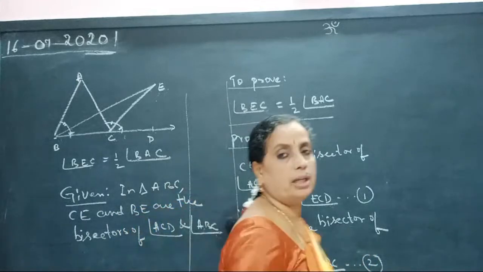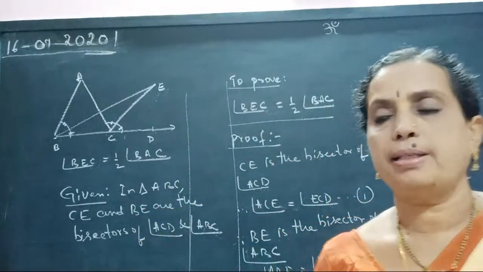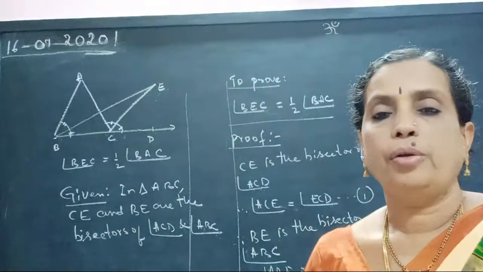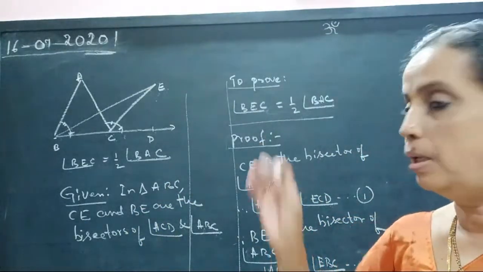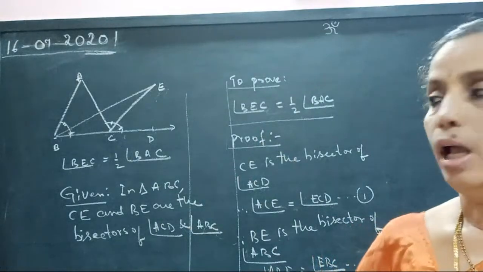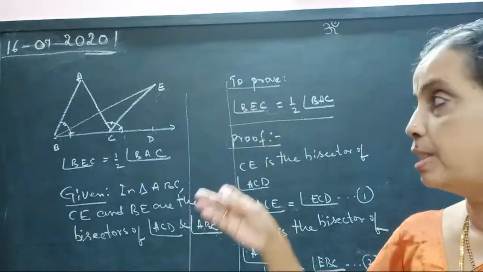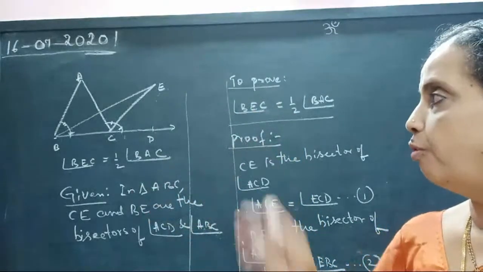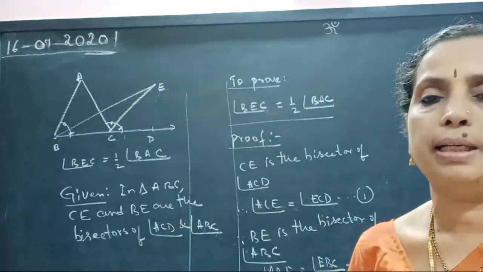So since they are the bisectors, they divide the angle into two parts. You can also use numbers to recall the method. Angle 1 equals angle 2 since CE is the bisector. Angle 3 equals angle 4 since BE is the bisector.